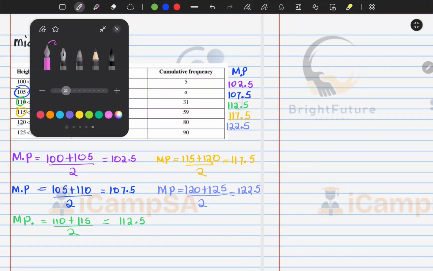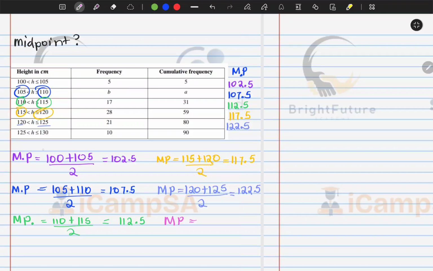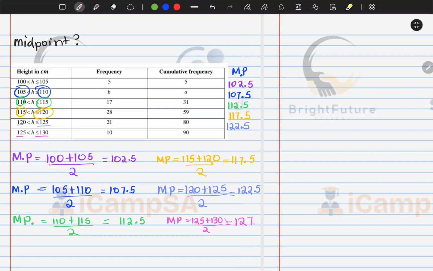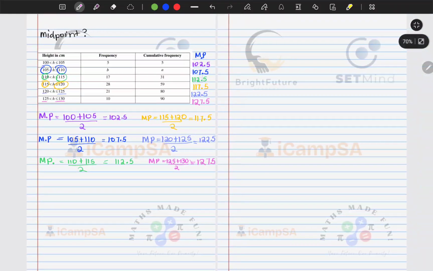Let's go for the last entry, where we're looking at our midpoint, and that will be 125 and 130. 125 plus 130, and this is divided by 2. What we end up getting is 127.5.